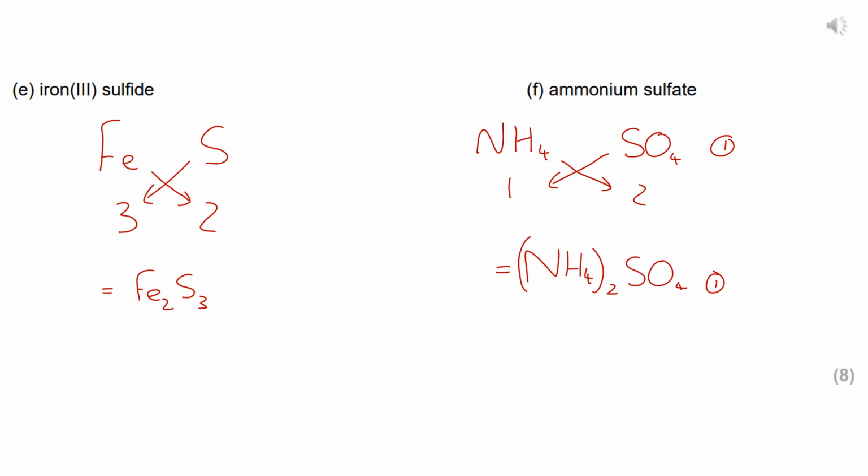We cross those over and I need to times the NH4 by 2, so I'm going to put that in brackets and the 2 down at the bottom, and then there's only 1 sulfate, so it's just SO4. So the answer is brackets NH4 close brackets 2 SO4. Not many of you, possibly even none of you actually, did it the other way around, but it is okay to say SO4 brackets NH4 brackets 2. You can have it on either side. It doesn't actually make any difference.